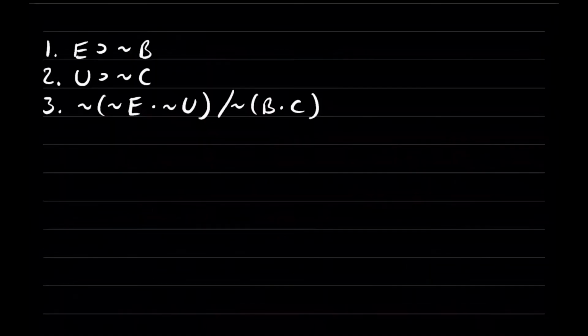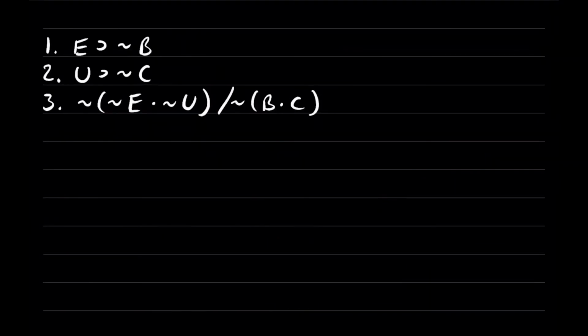Okay, next proof. We're given three premises. E implies not B, U implies not C. Line 3 tells us it's not the case that not E and not U, and we're trying to show not B and C, the negation of B and C. All right.